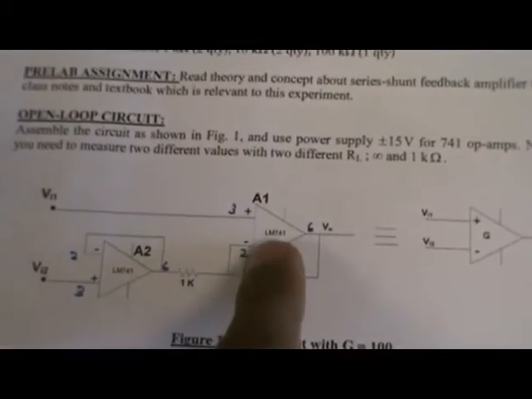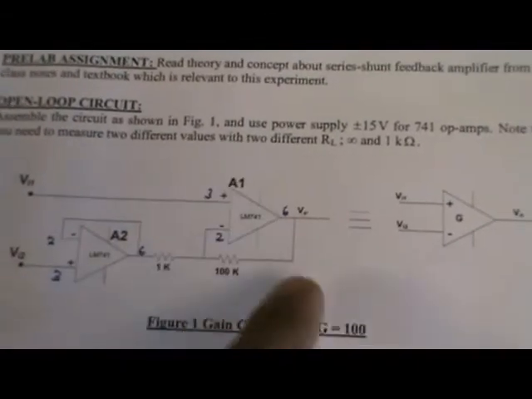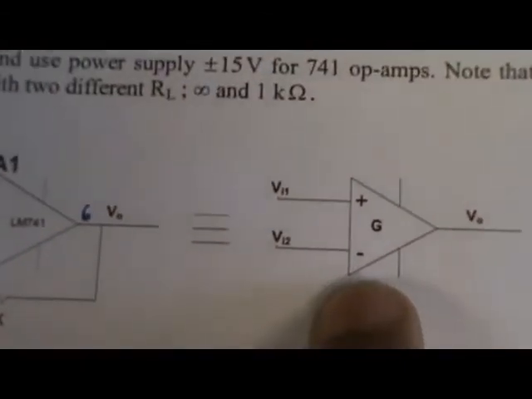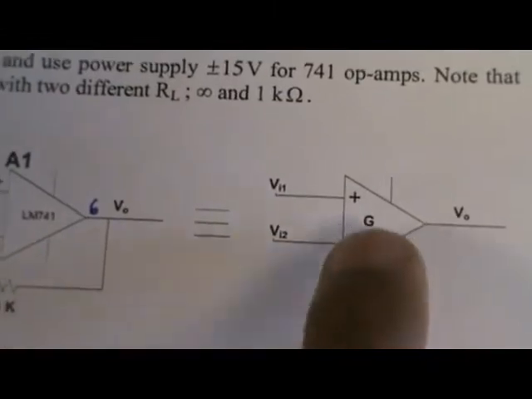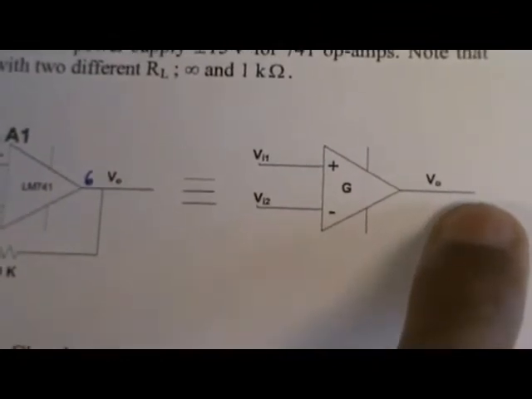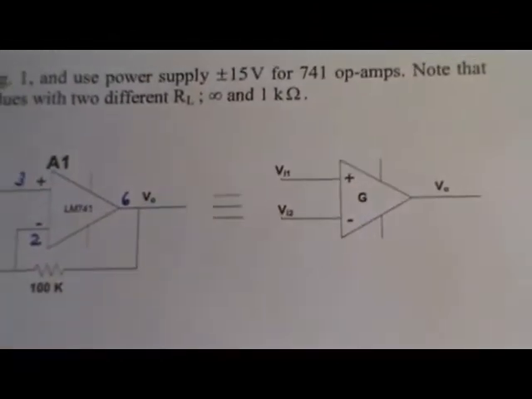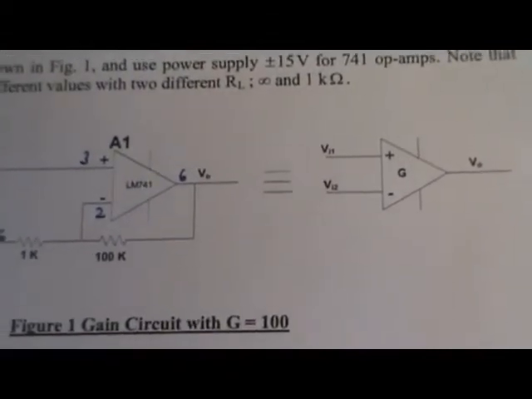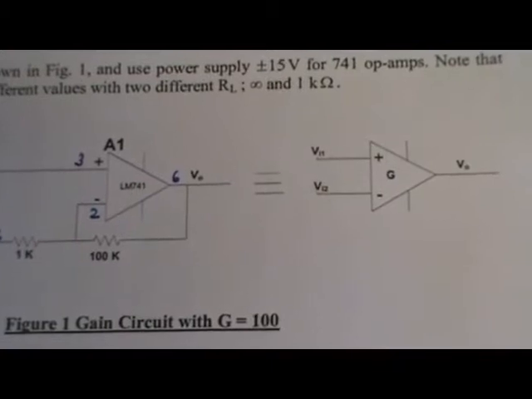There are two op-amps. So the overall circuit, if you see and equivalently draw with some block diagram, will look like this. These are the two inputs of this op-amp, and this is the gain of this particular op-amp based circuit, and V0 is the output. Using this op-amp circuit, we will build first an open loop circuit and then a closed loop circuit.